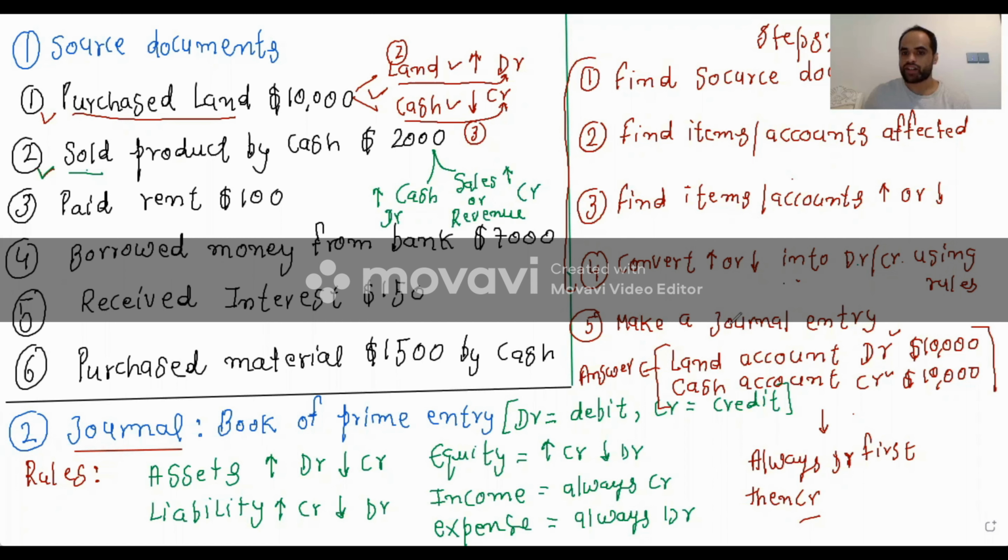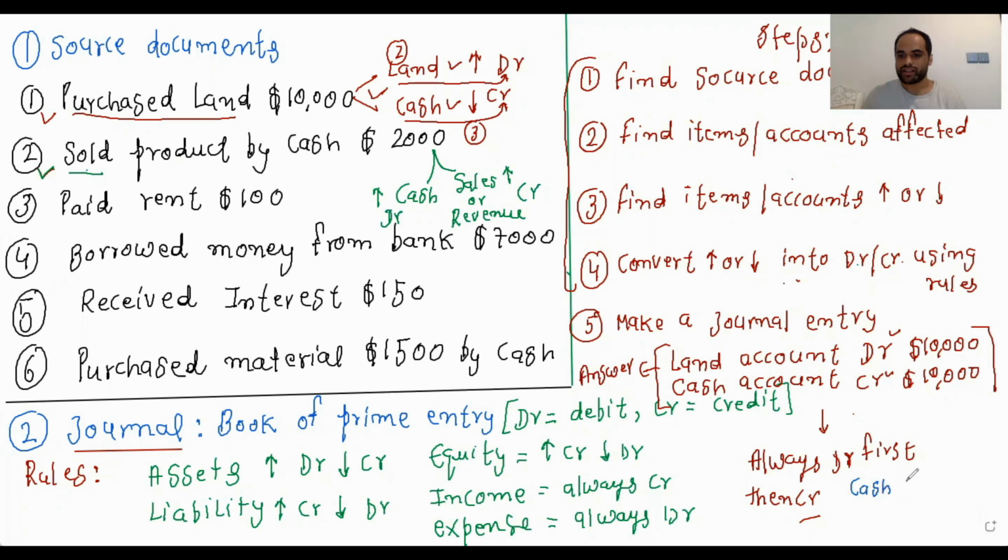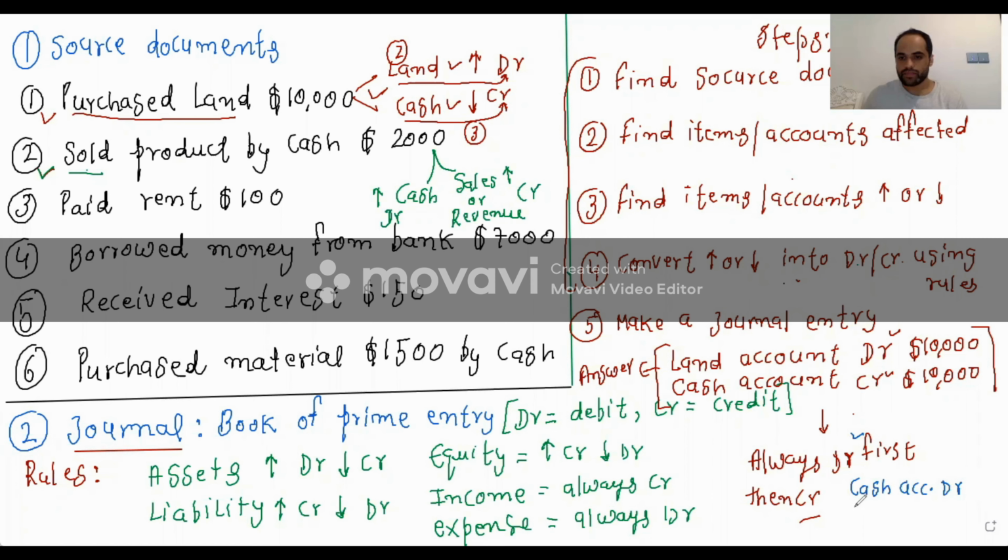Now make a journal entry. So the journal entry is: cash accounts debit, because debit is always first, and sales or revenue accounts credit.